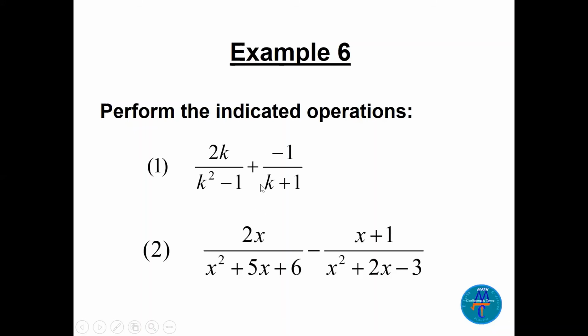Remember, I cannot multiply them, as many students or math users do. That's wrong. Now, what can we do? Factor each denominator to find the least. It's better to find the least common denominator, not any denominator, the least.